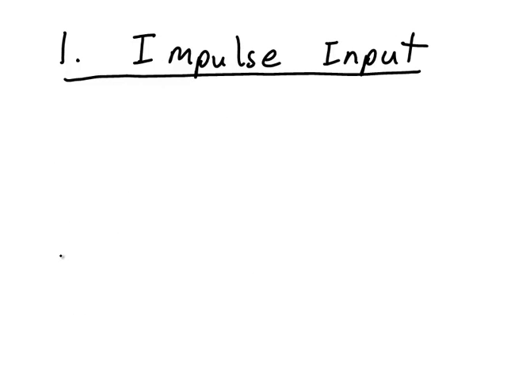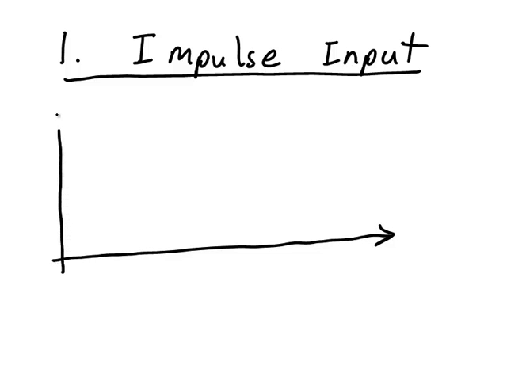For each of these different kinds of inputs, we're going to start by looking at what the input looks like on a graph. And the graph will always have time on the x-axis. Remember that we learned that a signal is a quantity that changes over time. And on the y-axis, this is the input.